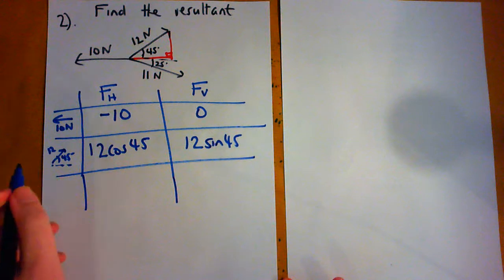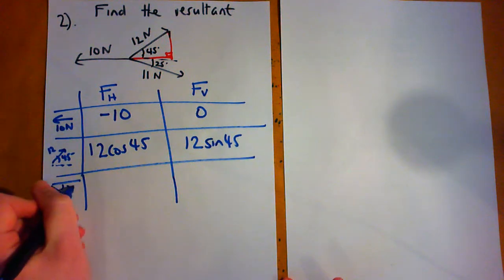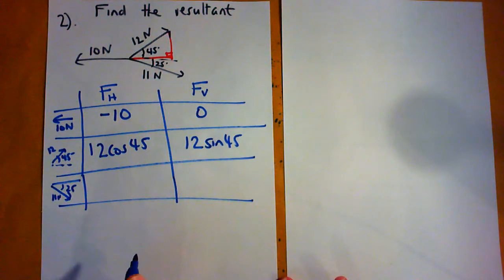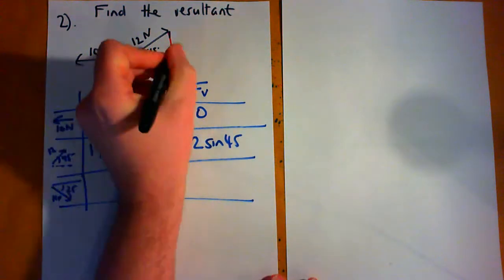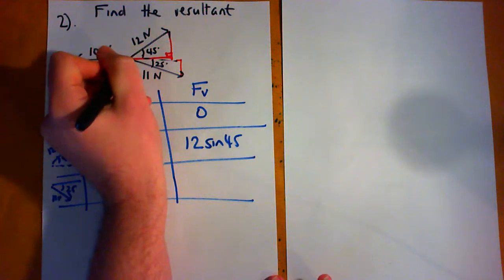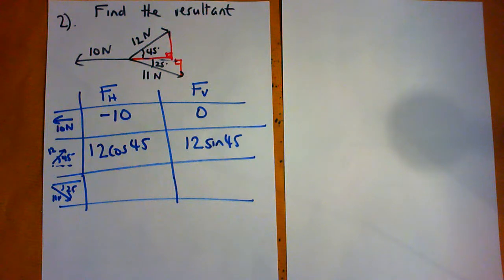And for our remaining force, the 11 Newton force, acting 25 degrees below the horizontal, we need to deal with another right triangle, which would be that triangle there. So we need to work out its horizontal component, which again is the adjacent side, and we know the hypotenuse is 11, adjacent and the hypotenuse.